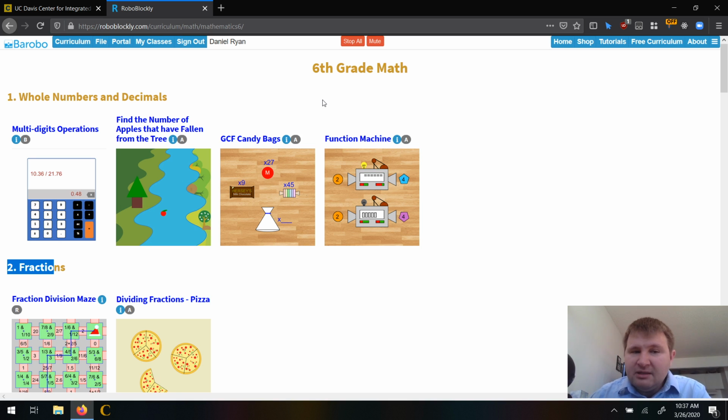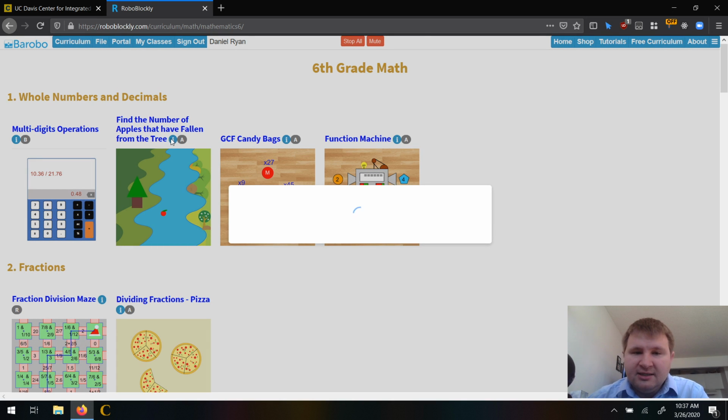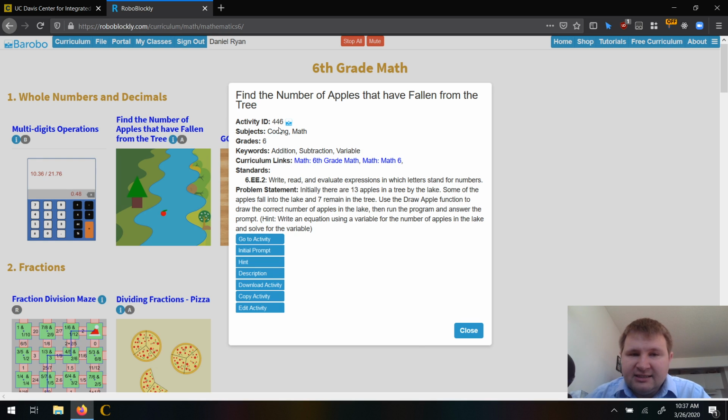To get a little bit more details about any of these activities while we're going through, you can click on this little eye with a circle, and it'll pop open this additional information menu that shows the activity ID and what subjects it's for. So this one's for coding and for math. It shows the grade levels that it is flagged for, although it could also be used in other grades. It doesn't have to be 6th grade.